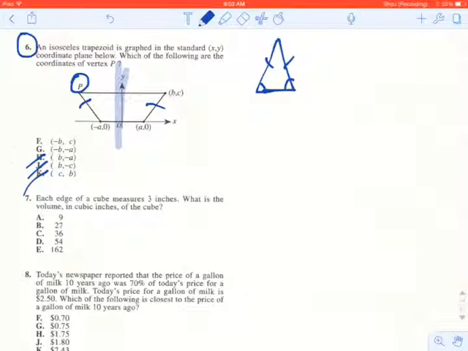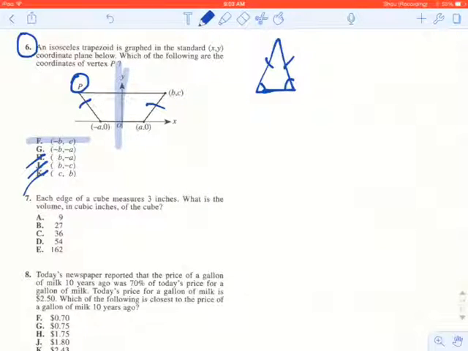And if this is c units high, well, even just from looking at it, we can see that point P is at the same height, so it will also be at a height of c.